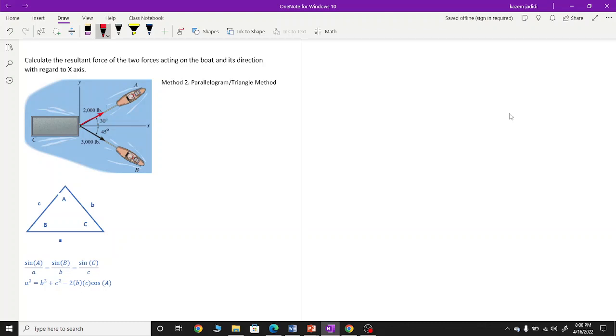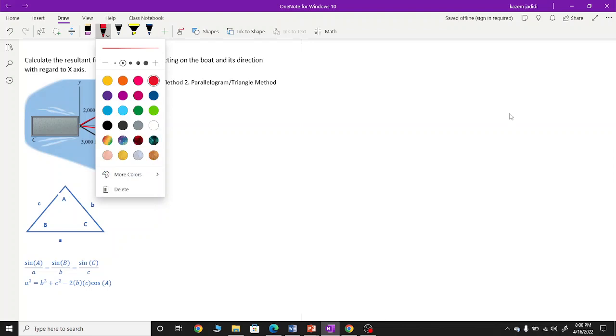From the end of this force we draw another force equal and parallel with the second force, so this is going to be 3000, equal to 3000 and parallel with it. And again, from the end of 3000, we will draw another force which is equal to 2000 and parallel with it. That's why it's called a parallelogram. And this will give us FR.